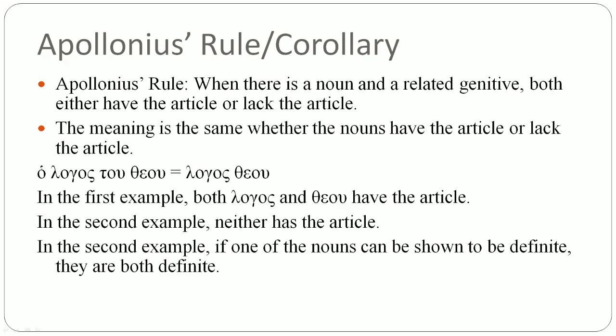I was kind of hoping there would be a difference in emphasis, or in how we use this, maybe as an object or something. No, the meaning is exactly the same, whether both nouns have it or both lack it.